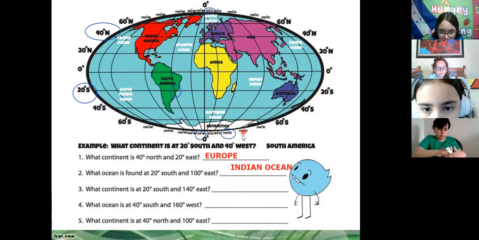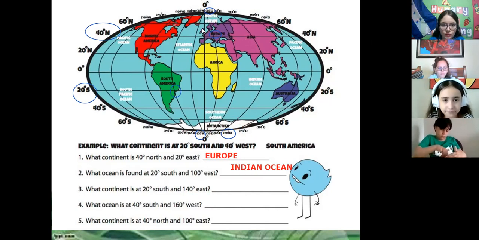North America. It is here, right? 140 east. Let me circle with another color. 140 and 20, right? 20 south. 140 comes the line here and the 20 south. Which continent makes a match at the 20 south?